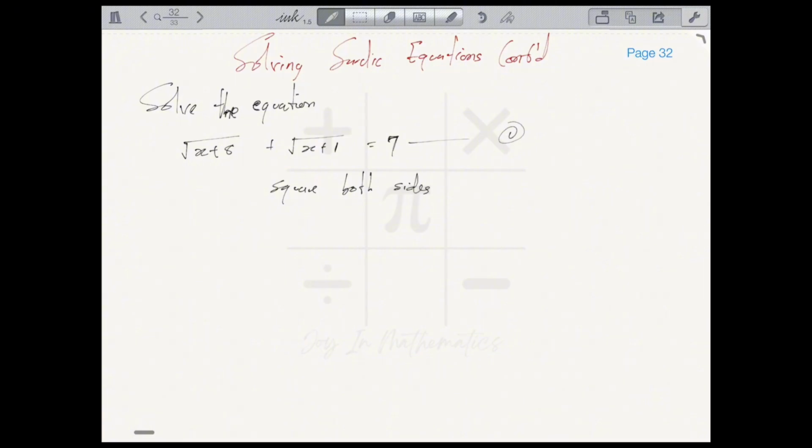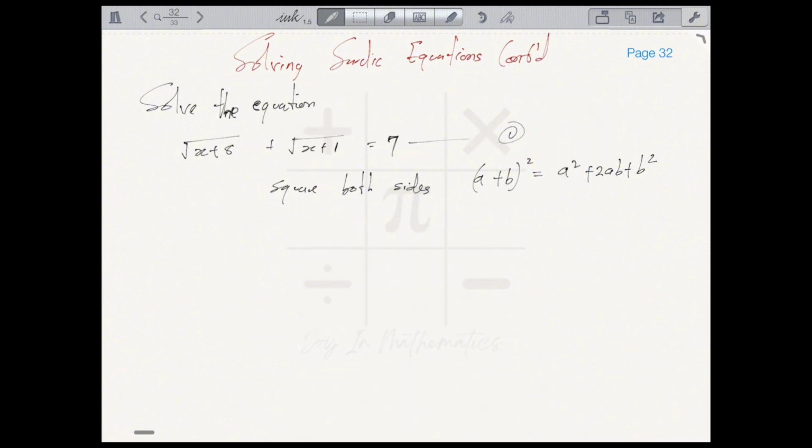Now if we square both sides, we remember that when we say a plus b all squared, this will give us a squared plus 2ab plus b squared. Now a in this sense is the root of x plus 8, and b in this sense is the root of x plus 1.